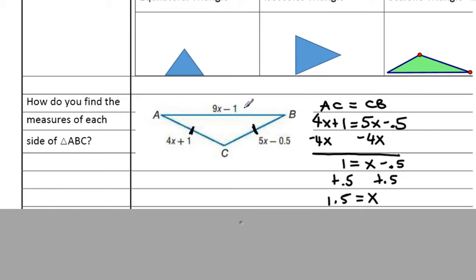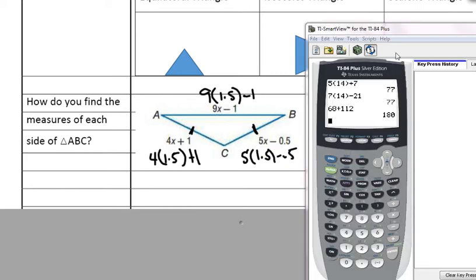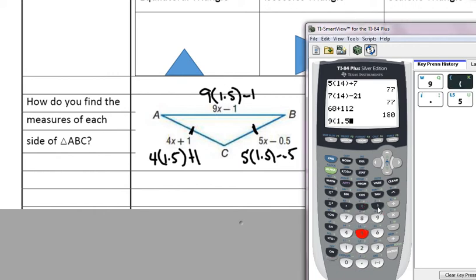Once we find x, we're going to substitute it into each side. And this is how we're going to check our work and to answer the question. So solving for AB, I get 9 times 1.5 minus 1. That's 12.5.